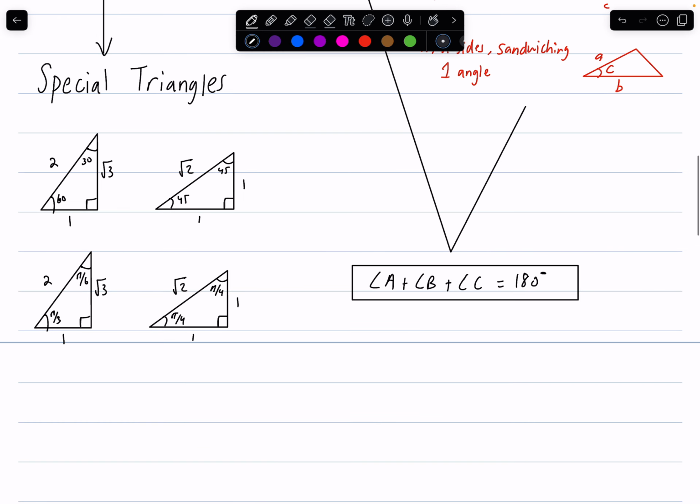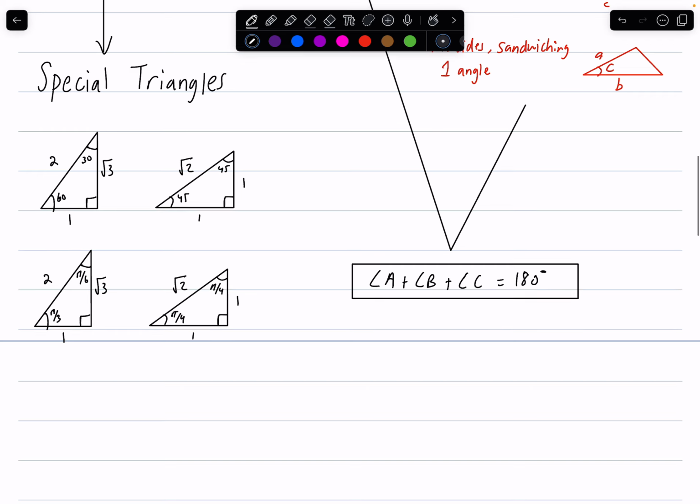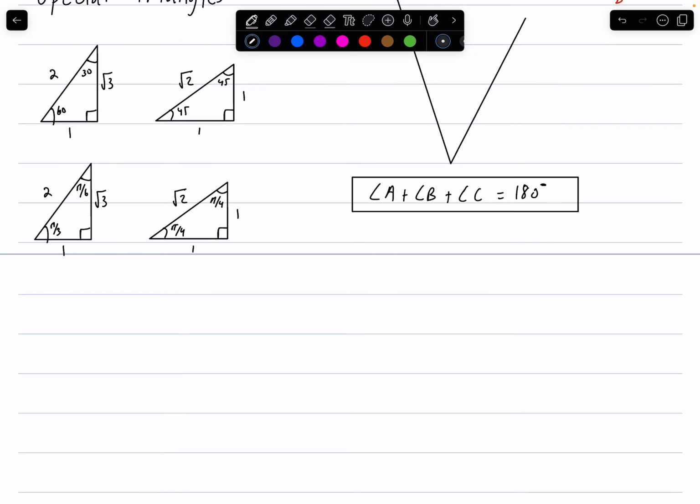Now, these special triangles are important because they give us certain trig ratios that we need to know. So there's a couple of trig ratios that I want to list out for you here. Let's look at the first one when it comes to this triangle, and we're going to do them in radians.